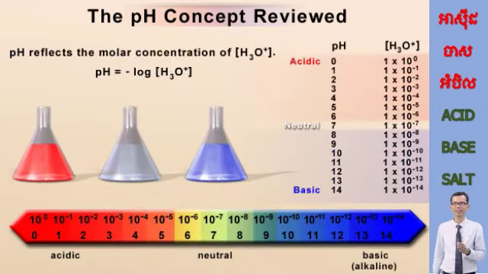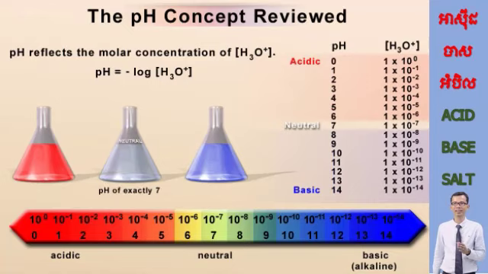Since numbers of ions are reported in units of moles, the actual number of ions is a fraction of a mole written in exponential notation. The pH concept converts these small values to positive numbers on the 14-unit pH scale.